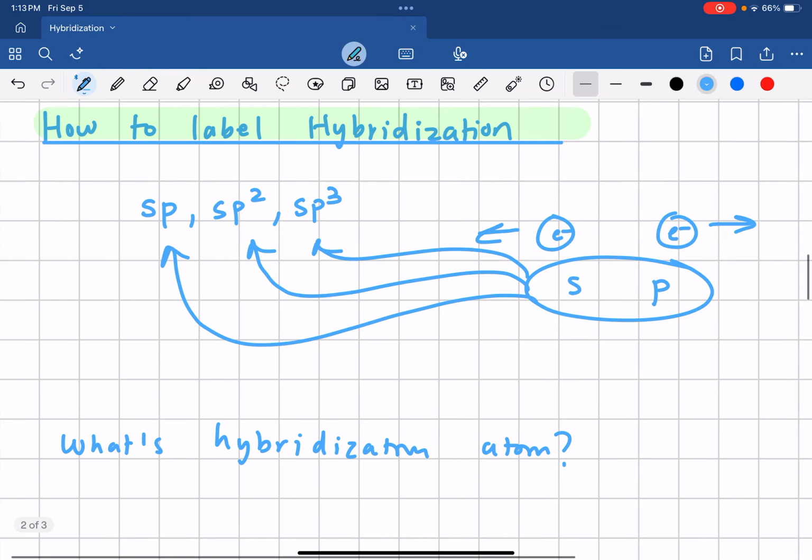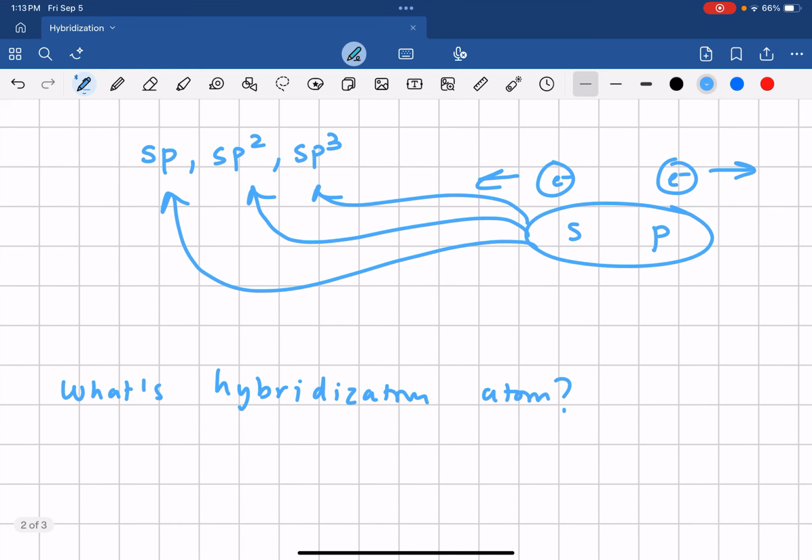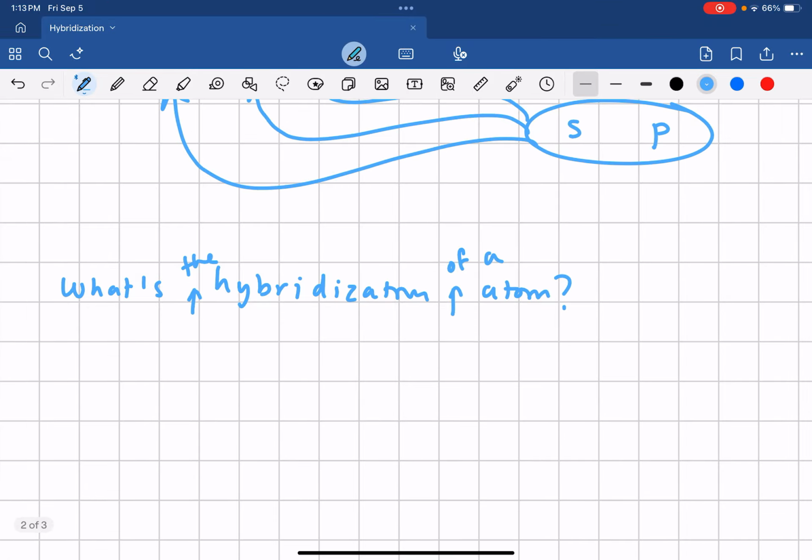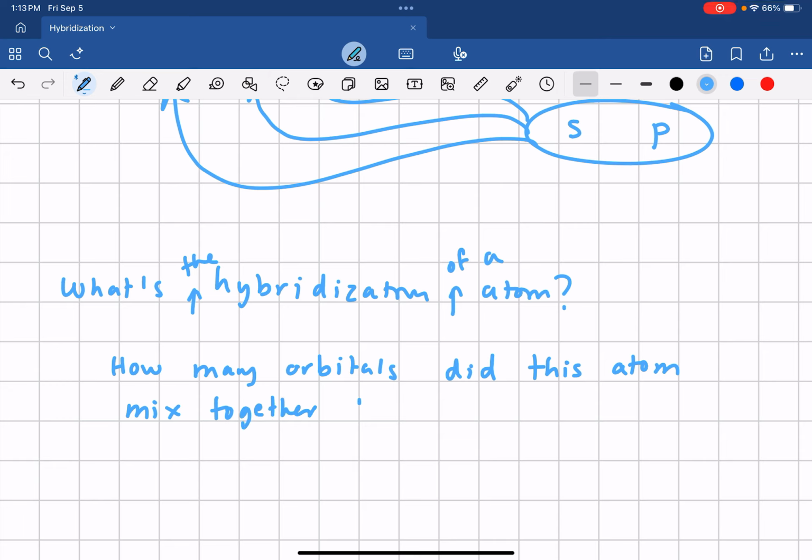So when a teacher is asking what's the hybridization of an atom, that teacher is really asking, how many orbitals did this atom mix together to make bonds and hold lone pairs?